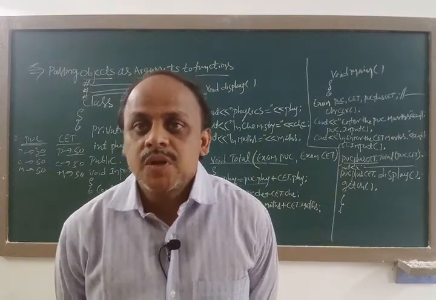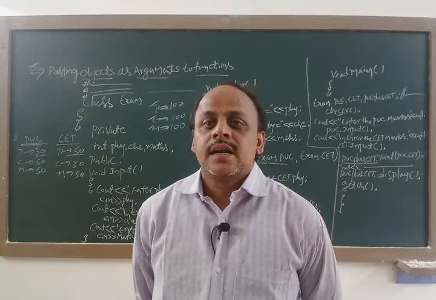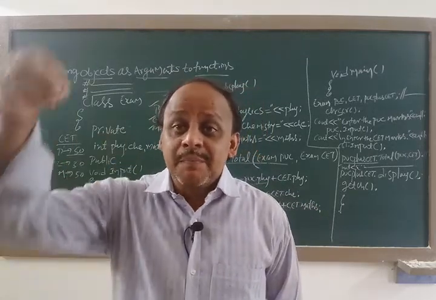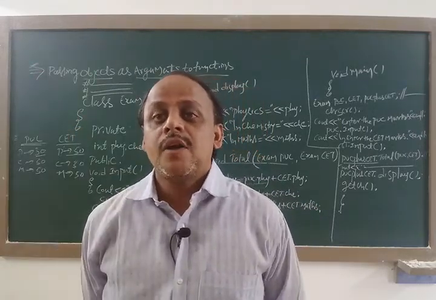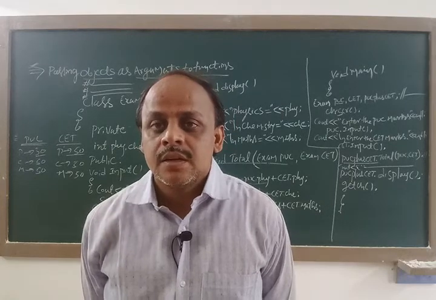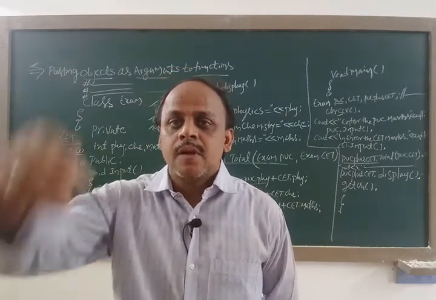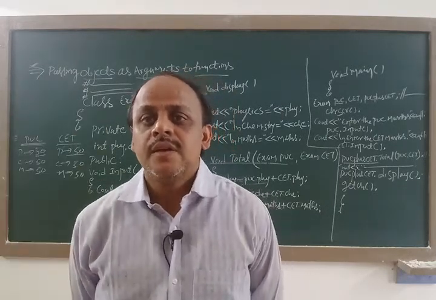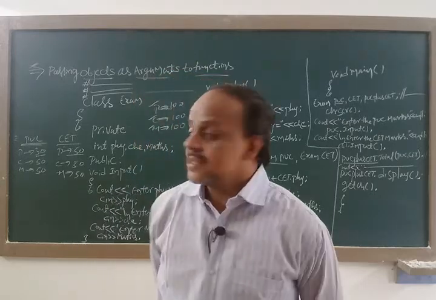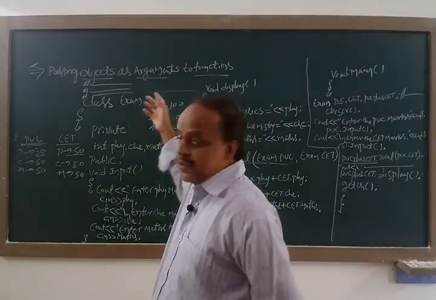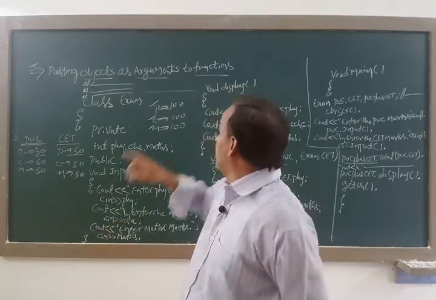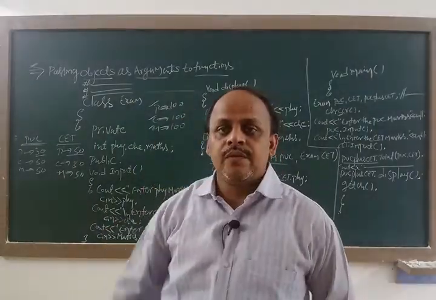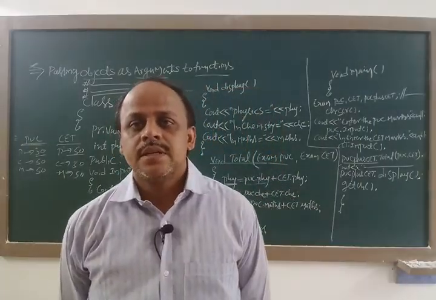It is possible to use class objects in the place of arguments of a function, or else in the place of parameters of a function, or else we can say passing objects as arguments to a function, right.